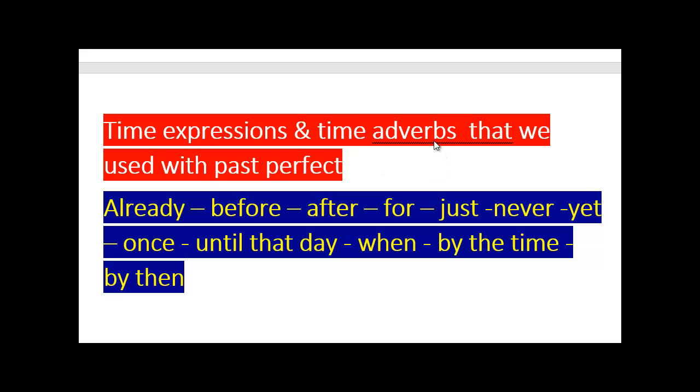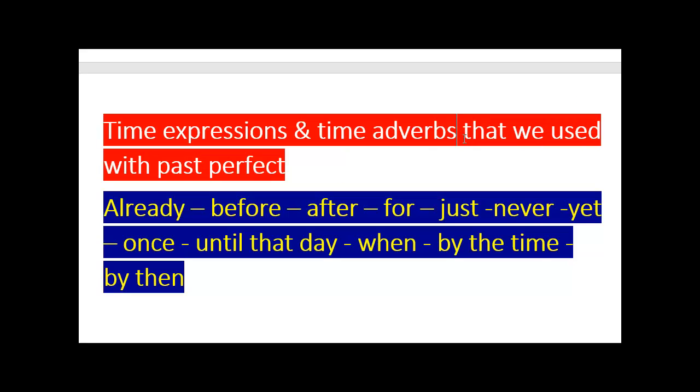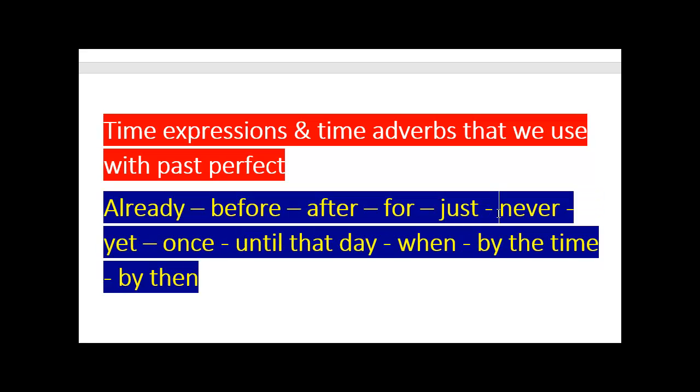Here are some time expressions and time adverbs, guys, okay? That we use with the past perfect sometimes, like already and before and after and for and just and never and yet, okay, and once and until that day and when and by the time, okay, or by then.